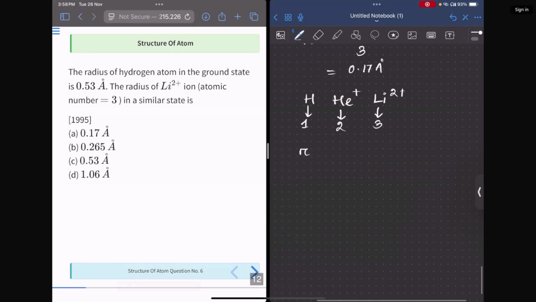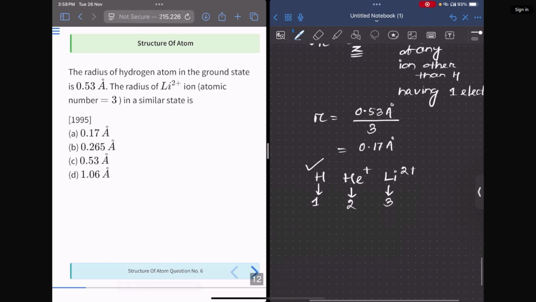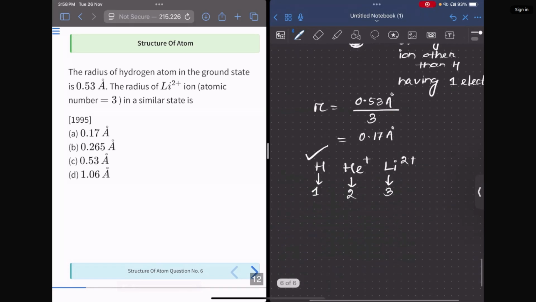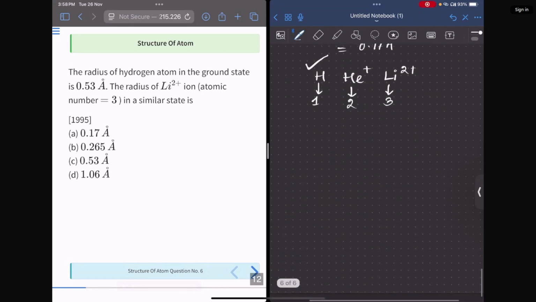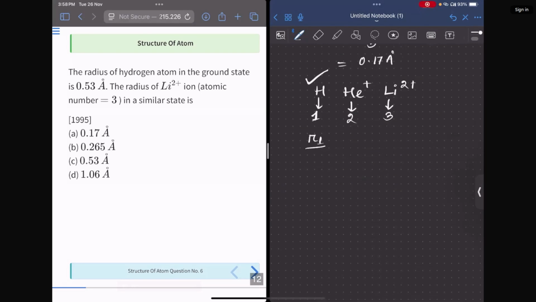So the radius of hydrogen atom will be the largest, because Z is in the denominator here. If R1 is given, R1 divided by 1 will be greater than R1 divided by 2, which will be greater than R1 divided by 3.